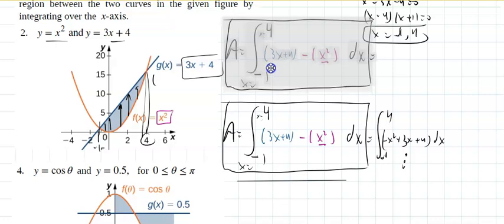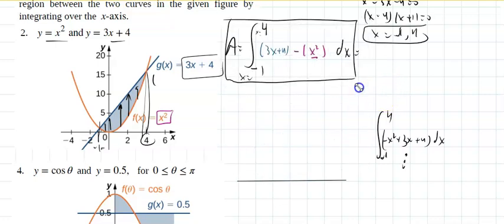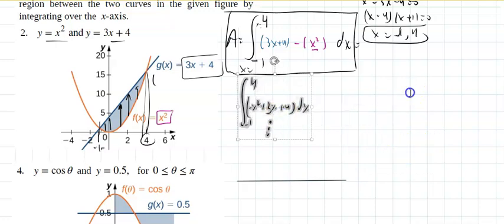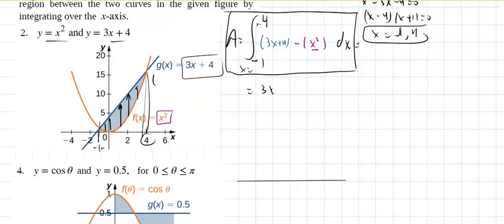I'll tell you what, I feel guilty now. I could work out this problem really quick. I don't even need that part. I could have said, wait, I know what that is. That is 3x squared divided by 2 plus 4x minus x cubed divided by 3, evaluated from -1 to 4.